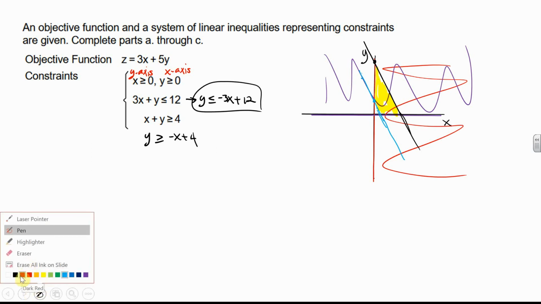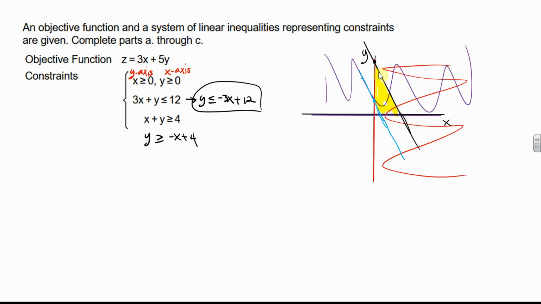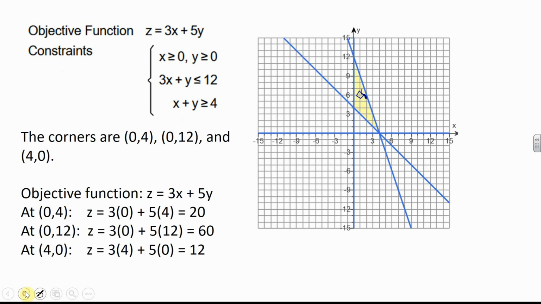It's real sweet in my math lab because it gets all the straight lines and it's very accurate for you. But I have, look at the points, the corner points. One there, one here, and one here. Now, the real cool thing in my math lab, you'll be able to see those points on the graph. And so you don't have to worry about the math in terms of finding them.